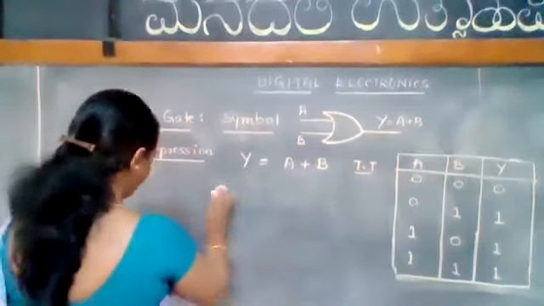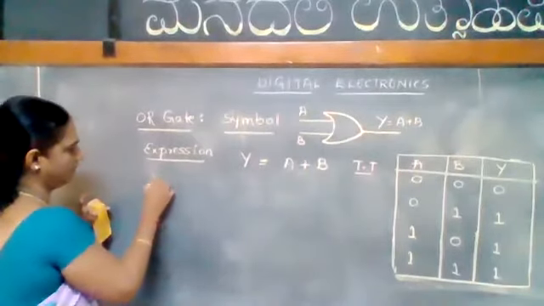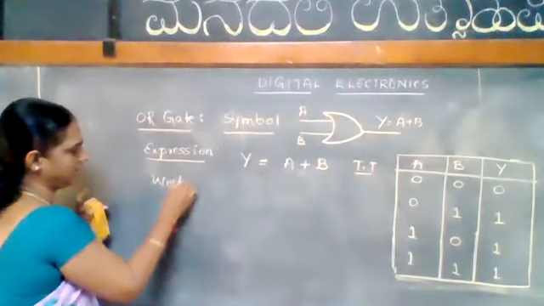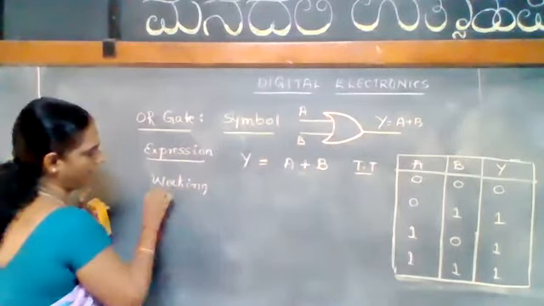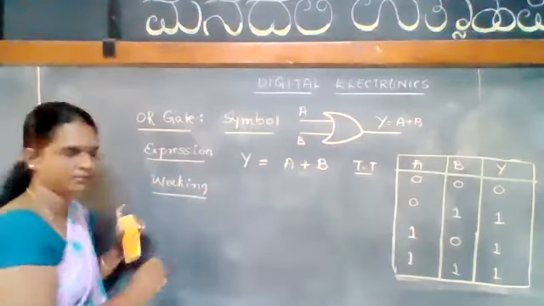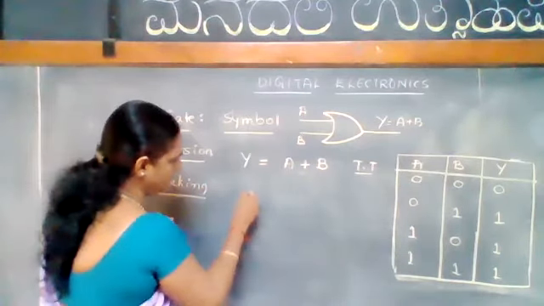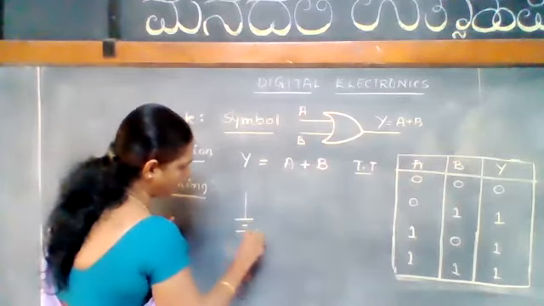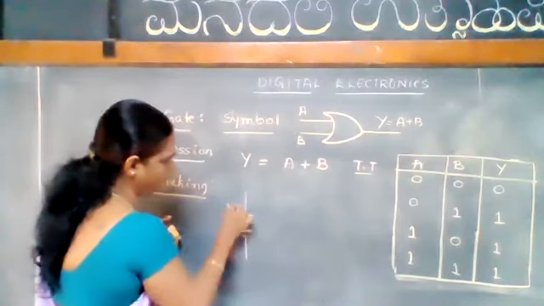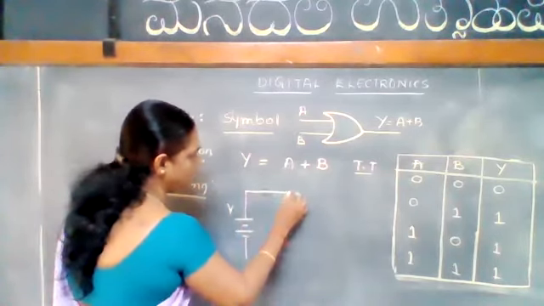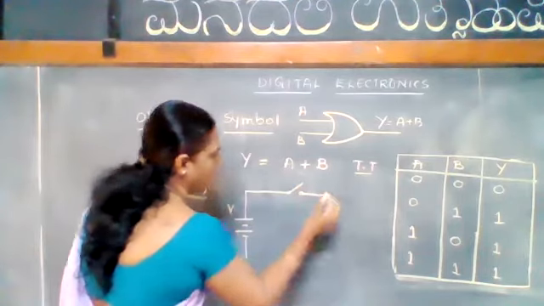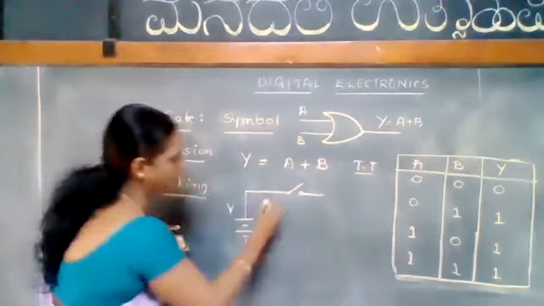Now, how does this work then? Working of an OR gate with an electrical circuit. Let us consider one voltage source V. Consider the switches not in series but in parallel.